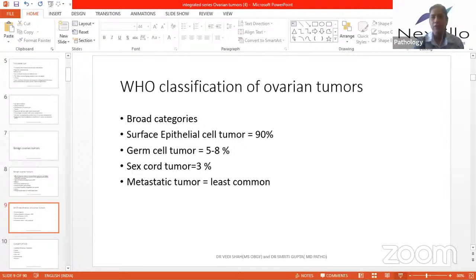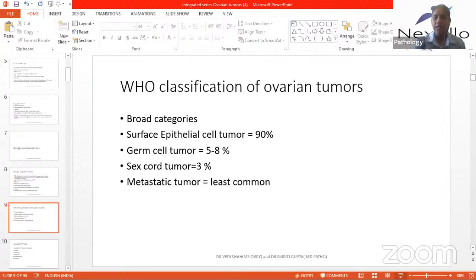We'll come to the details of these soon. This picture just gives a very broad idea of the classification based on the cell of origin. The epithelial cells form 90% of the ovarian tumors. After that, we have the sex cord stromal, germ cell, and then there can be a mixed type of tumor.